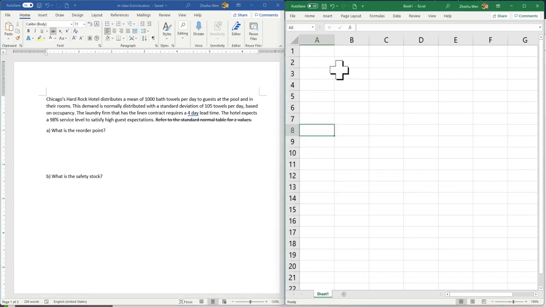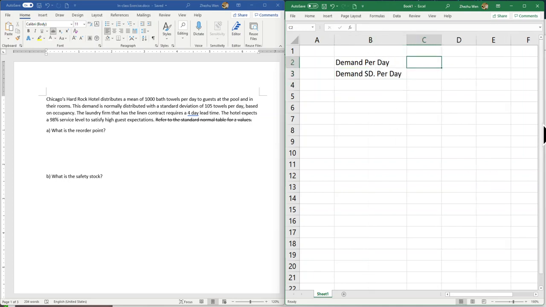So what is going to be the demand per day, and the demand standard deviation per day? Obviously, this is 1,000 here, and this one is 105 here.